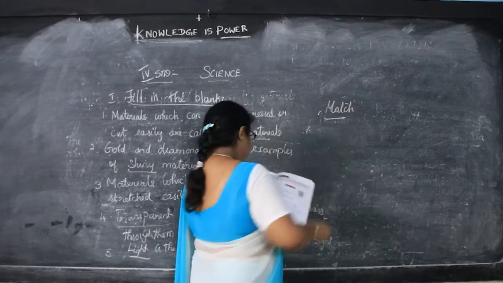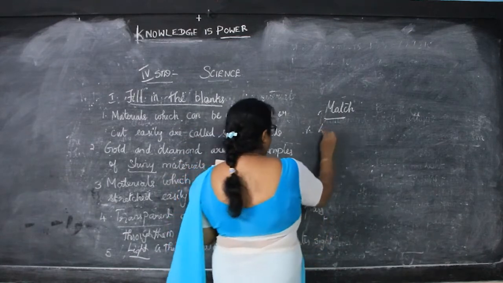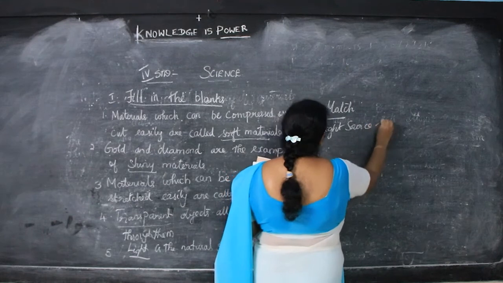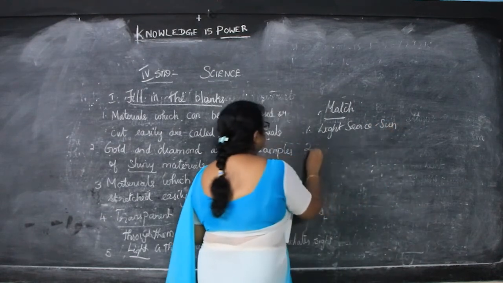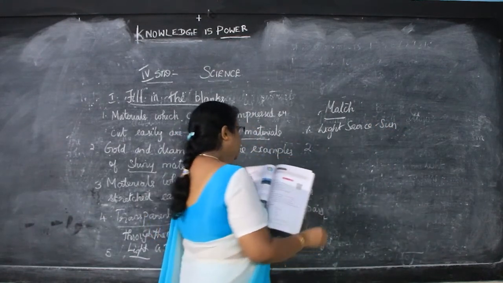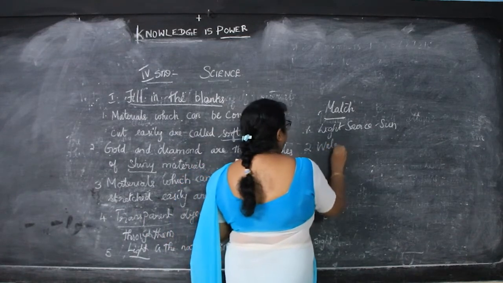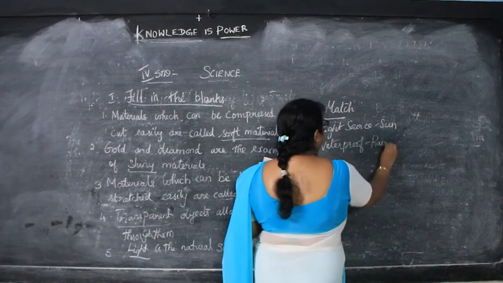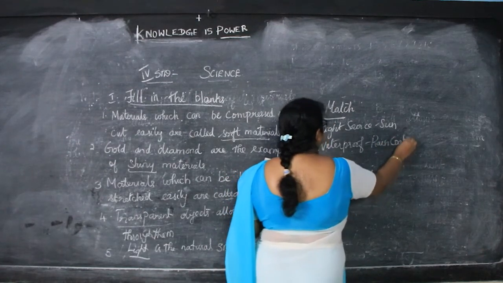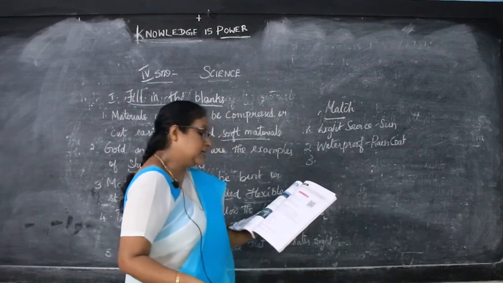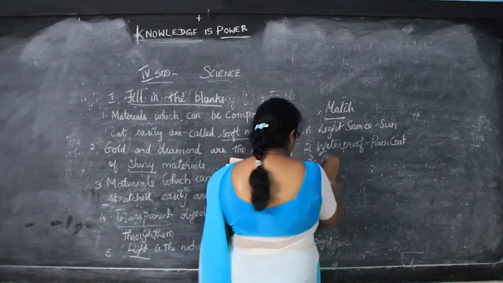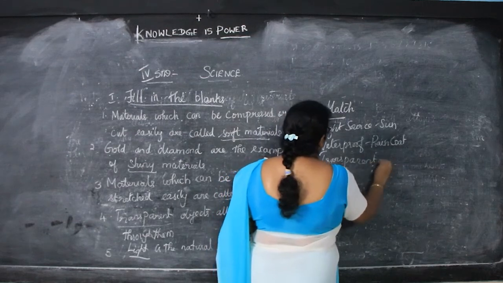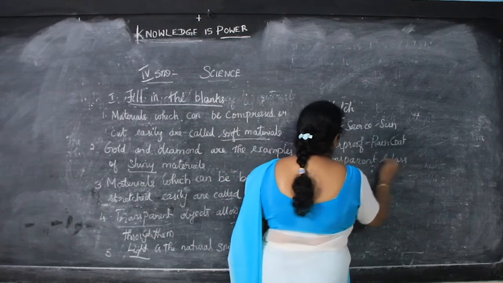So first one is light source. So light source means what will be the answer? Sun. So from where do we get the light? Sun. Next is waterproof. What example did I give you for waterproof? That is raincoat. Then next is transparent. For transparent what can we take?